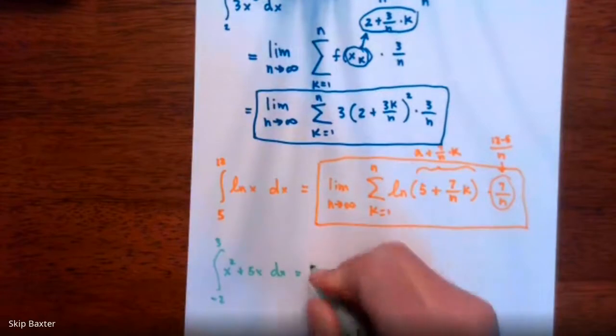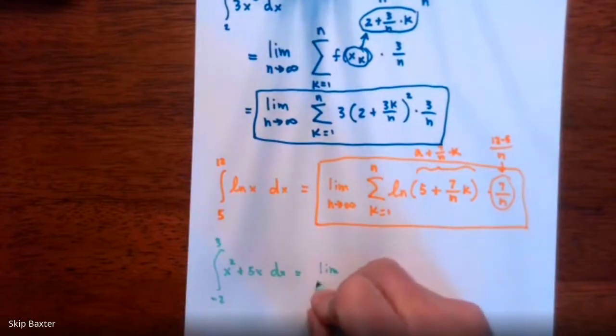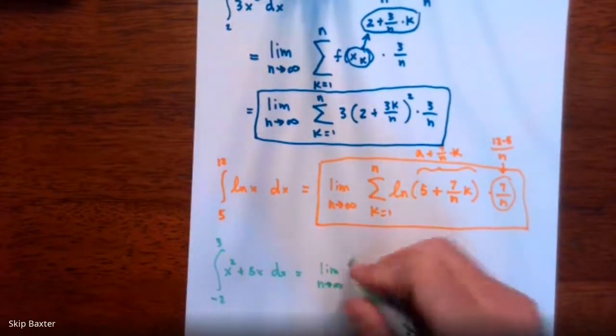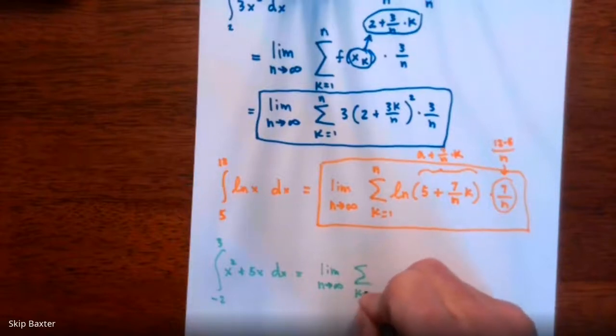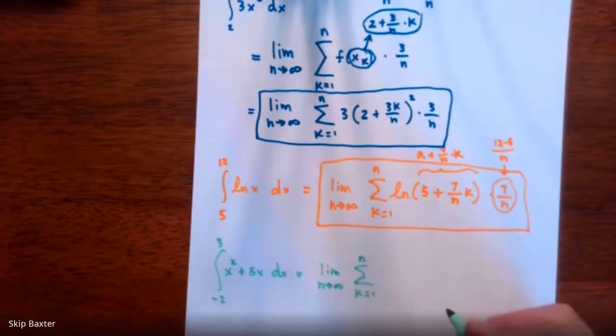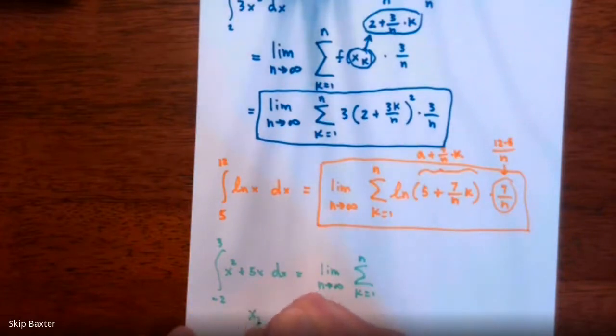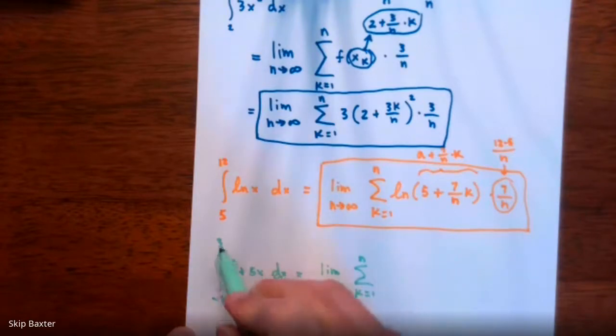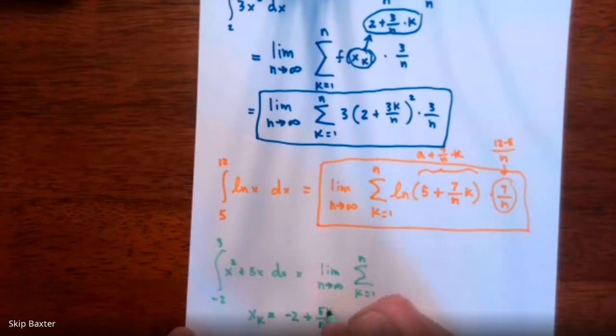This would just be the limit as n goes to infinity of the summation k equals 1 to n. Now the x sub k in this case is going to be -2 plus, if I subtract these, I get 5 over n k. That's x sub k, so I'm going to plug that into both of these x values.